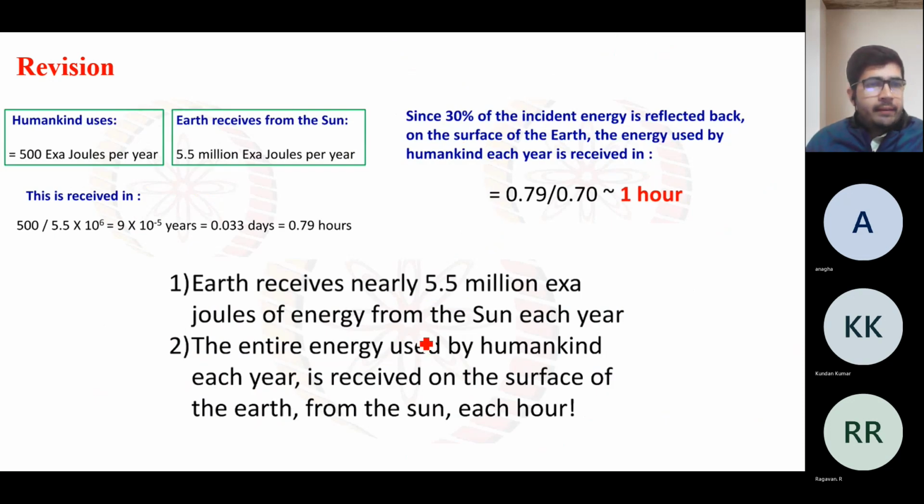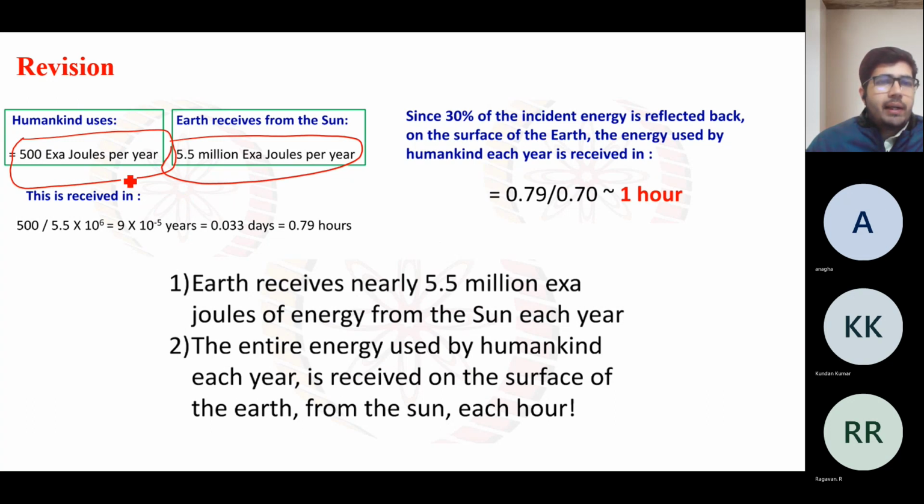Humankind uses around 500 exajoules of energy per year, and we are receiving 5.5 million exajoules per year. In the previous slide, we calculated how much energy the Earth receives from the sun per year.